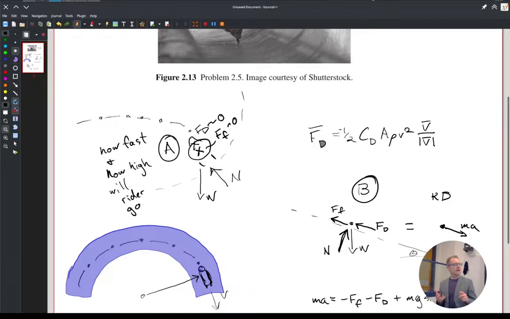So one of the main things that I wanted to show is they're both describing different parts, different maneuvers, like parts of the race, however you want to think about it. One is just trying to figure out how fast can we go. Another one is trying to figure out how fast can we go around a turn.